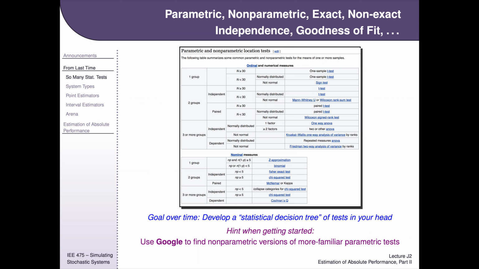So this is where you can see there are non-parametric versions of t-tests. It's written as a table, but this decision tree at the leaves has the parametric test you've heard about from, say, 380 or 385, and then maybe the non-parametric test you haven't heard about but that is applied the same way.